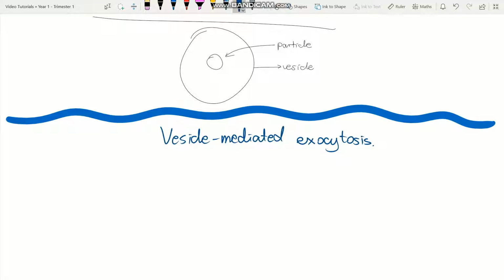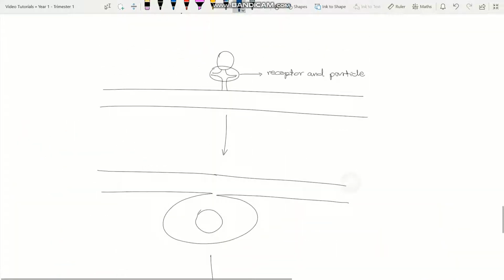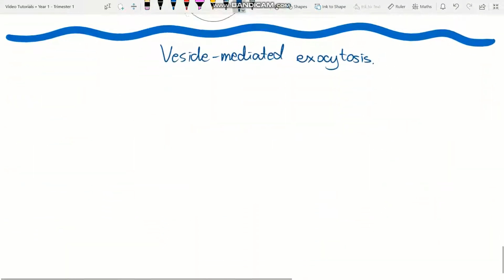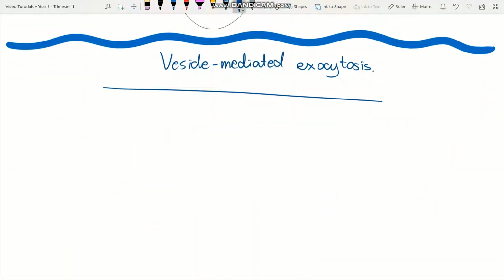So, vesicle-mediated trafficking. This is when essentially a vesicle is able to transport a substance out of the cell by fusing with the plasma membrane and therefore not allowing anything else to be transported in or out. Similar to the process that I've outlined here, there is some sort of a receptor present on the lipid bilayer.